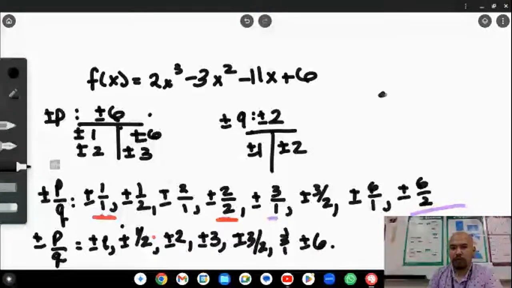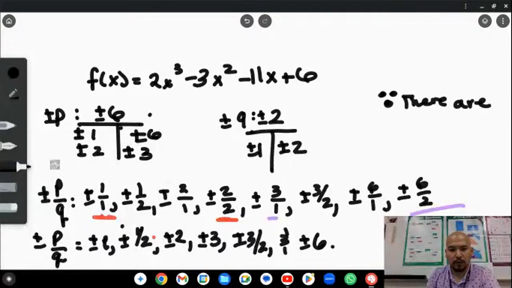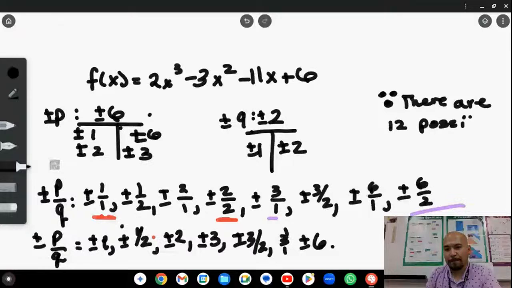So my conclusion for this one: there are 1, 2, 3, 4, 5, 6. So times 2, there are 12 possible roots.